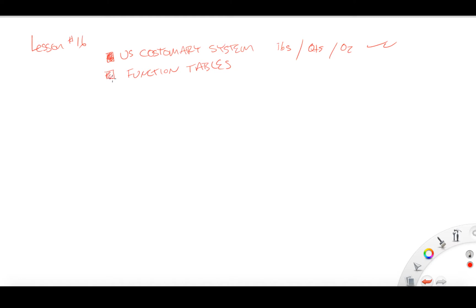And then function tables is something that we've seen before, but we're just going to review a couple things there. But we're going to use some function tables to help us transfer in between these different units.